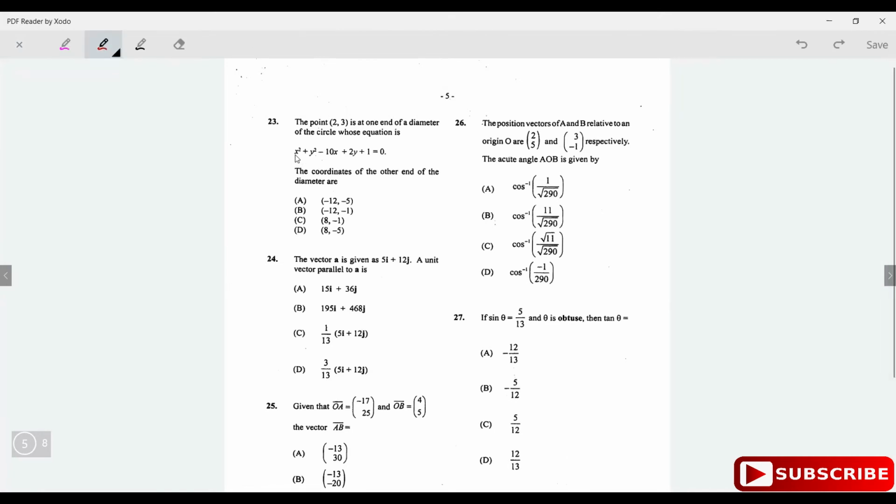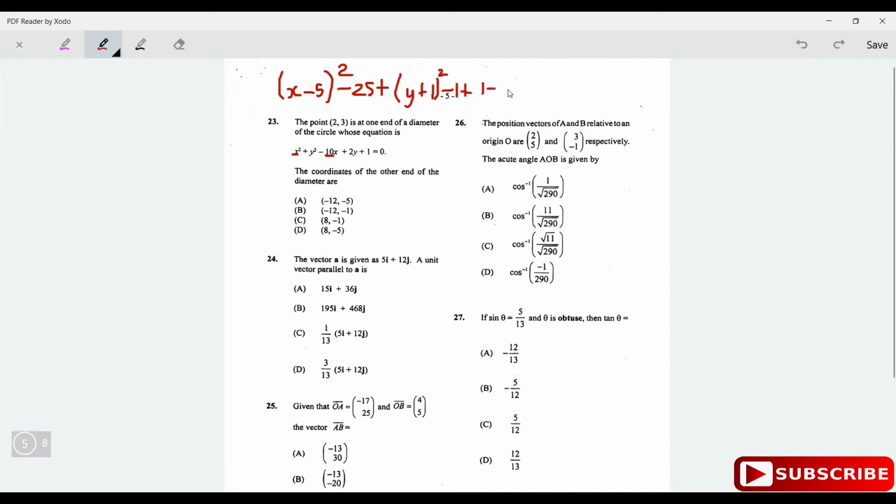Right here, you could complete the square for these two x terms. You divide this by 2, and so you get (x minus 5) squared, and then you subtract 5 squared, which is minus 25, plus, then this one, you divide by 2 to get (y plus 1) squared, and you subtract 1, plus 1, and that's equal to 0.